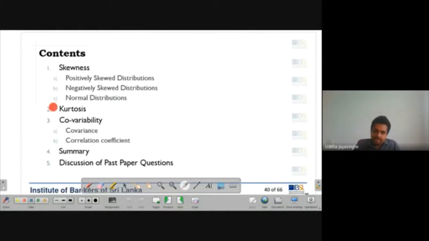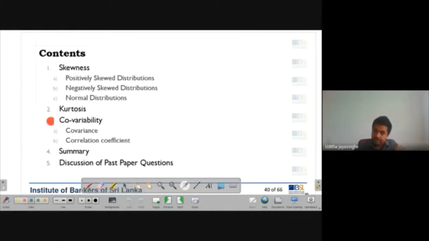And lastly, in the latter part of the lecture, we will learn the covariability of two or more variables, where we are bringing in more than one variable into the picture. Up until here, even when we discuss skewness and kurtosis, we are discussing one particular x variable and its frequency.